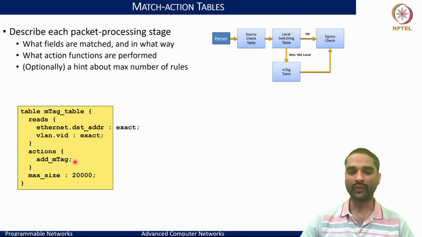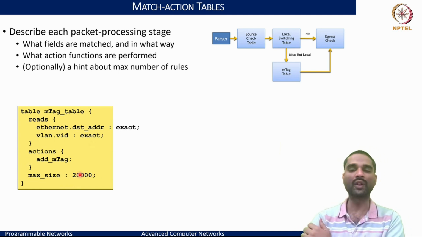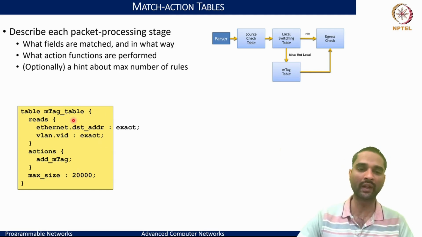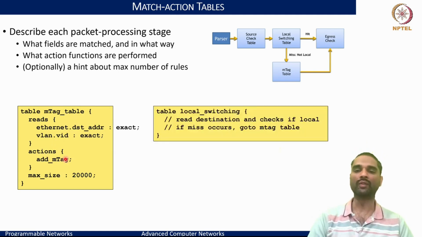And the max size of this table would be 20,000 entries. So the depth of this table M tag is defined as 20,000 entries, and all the matches that we want to do on Ethernet and VLAN are exact matches. And the action here, what we are trying to define, is to add the M tag.